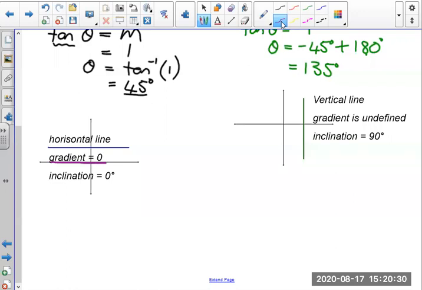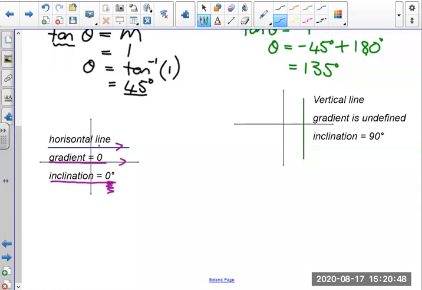So what's the inclination? What's the angle between the x-axis and that line? Well, this line is parallel to the x-axis. So the inclination is 0 degrees.